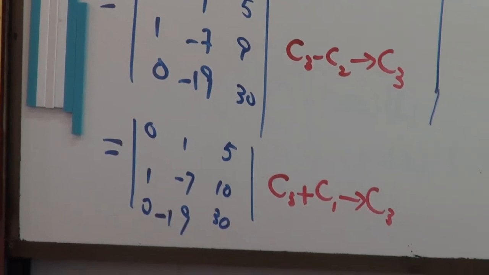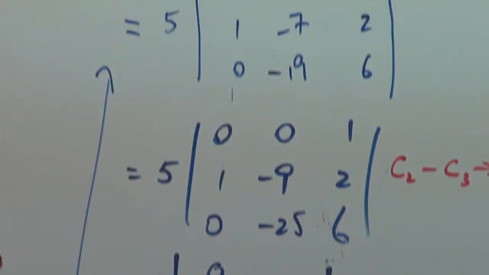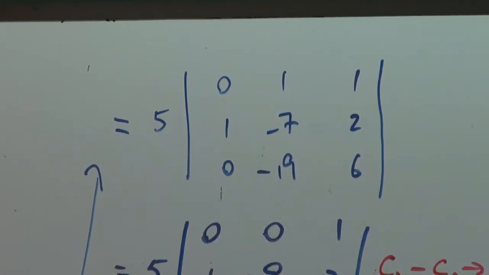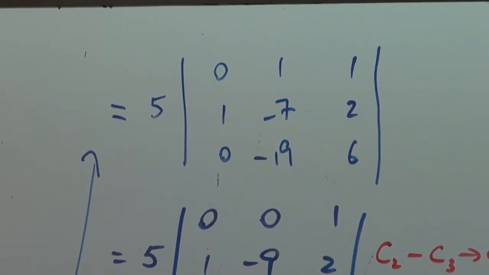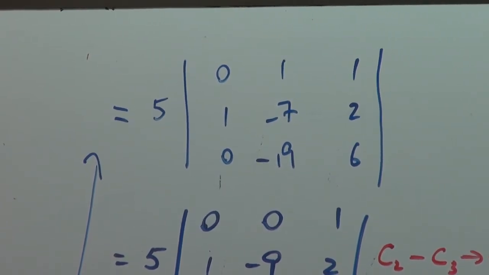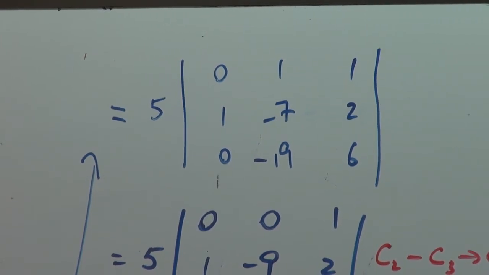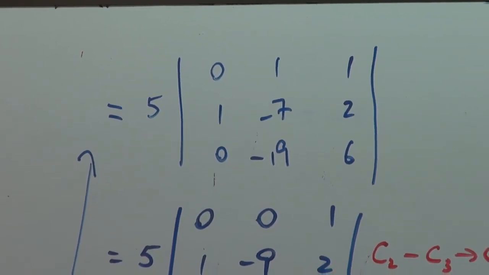And now you know that we can take out 5 as the common factor, right? To make this new determinant. And then next will be to take another factor of 5 among this new determinant.